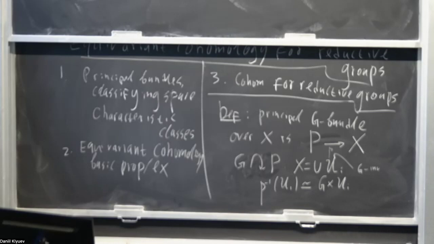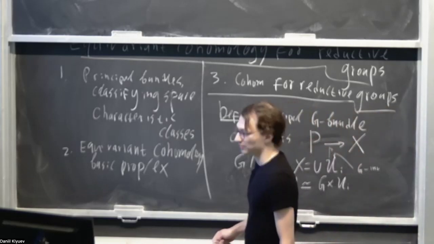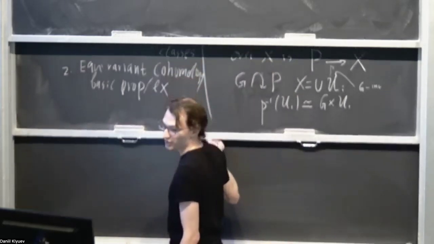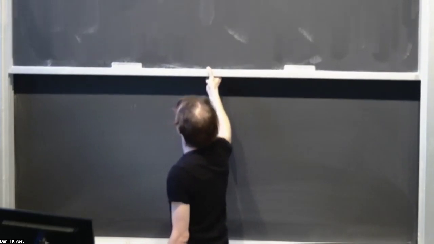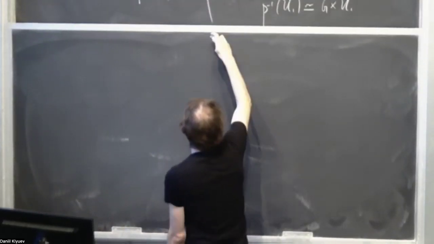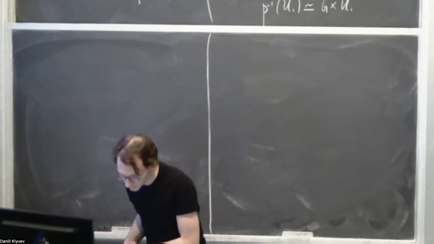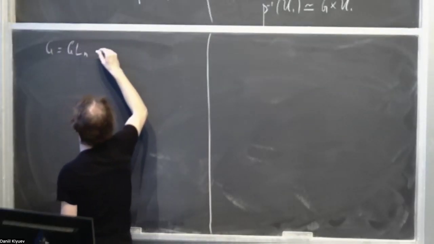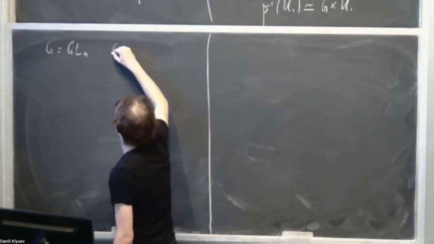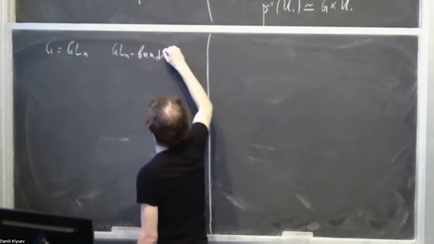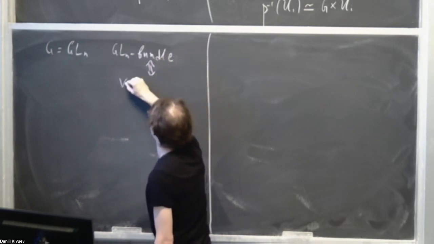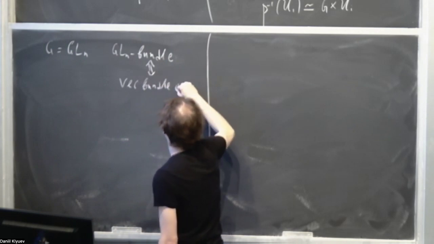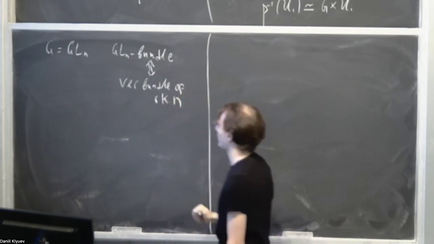So this is the definition, and the main example of such a thing is if G is GL_n, then a principal GL_n bundle is the same as a vector bundle of rank n.